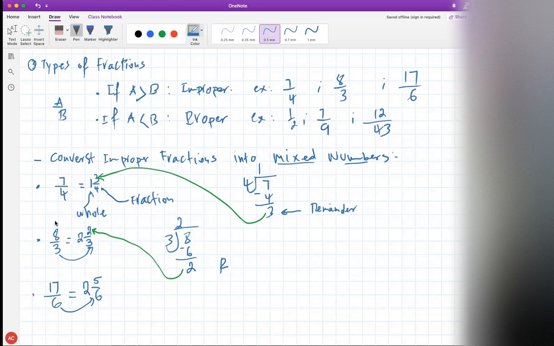Same thing if you want to get some pizza, say, give me 8 out of 3 pizzas. I don't think anybody would understand that. But if you said, give me 2 2/3 of something, they know what to give you: 2 whole pies, and 2/3 out of 1 pie, meaning take another pie, divide it into 3, take 2 pieces.